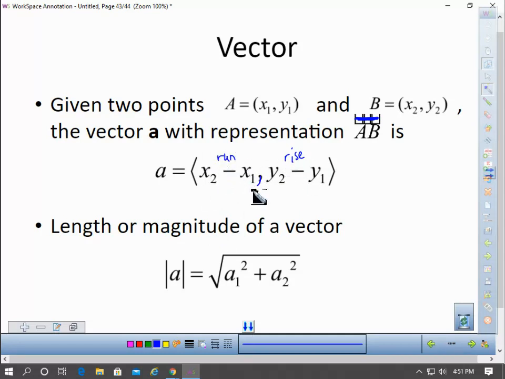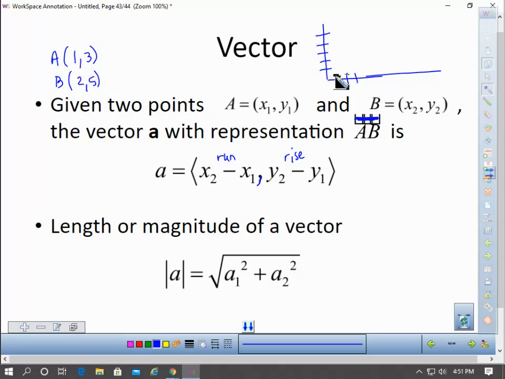So let me give you some actual values here of what I'm talking about. Let's say our point A was at the point (1, 3). And let's say our B is at the point (2, 5). Okay? So if I were to sketch that, and I'm going to try to sketch it pretty close here. So 1, 2, 3, 1, 2, 3, 4, 5.